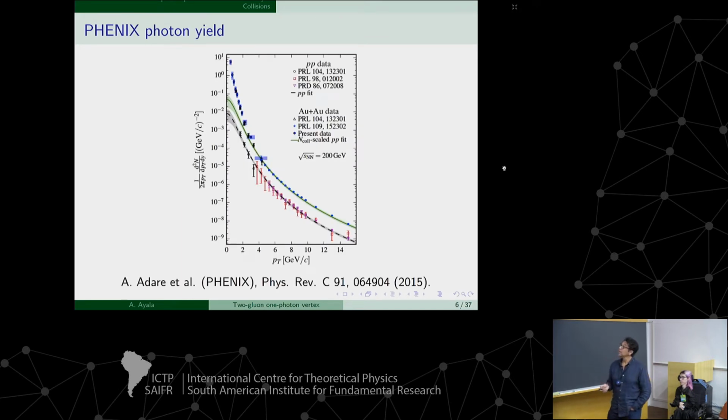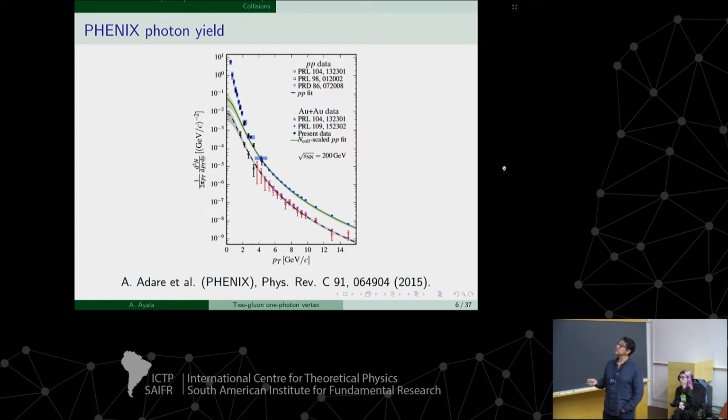This is a yield. And this is a nice result from some time ago already that shows that in gold-gold collisions, compared to pp collisions multiplied by the overlap function that takes into account the number of participants in the nucleus-nucleus collision case, there is a substantial excess of direct photons, which is clearly shown above this scaled function.